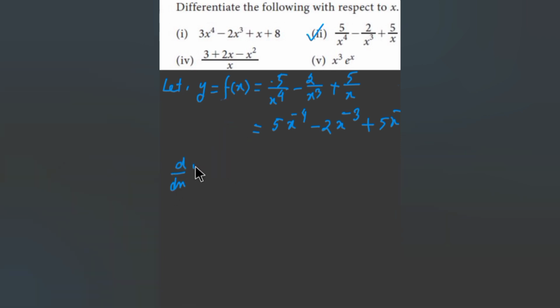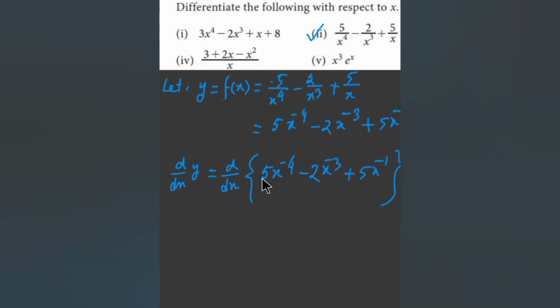dy/dx equal to d/dx. So y means this function, so we can write 5x to the power minus 4 minus 2x to the power minus 3 plus 5x to the power minus 1.